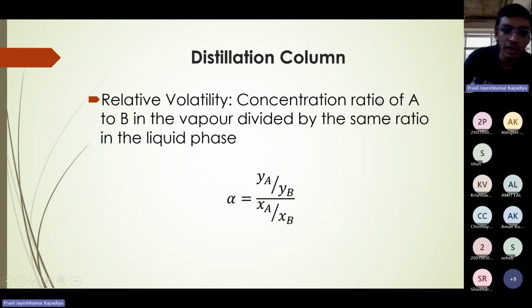That is, Ya by Yb in vapor phase divided by Xa by Xb in liquid phase. Y represents vapor phase and X represents liquid phase in all our upcoming sessions. So let's say relative volatility of A is greater than B. What should be the value of alpha? It should be greater than 1, less than 1, or equal to 1?